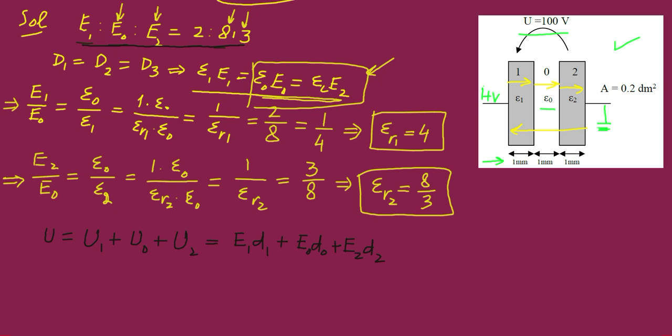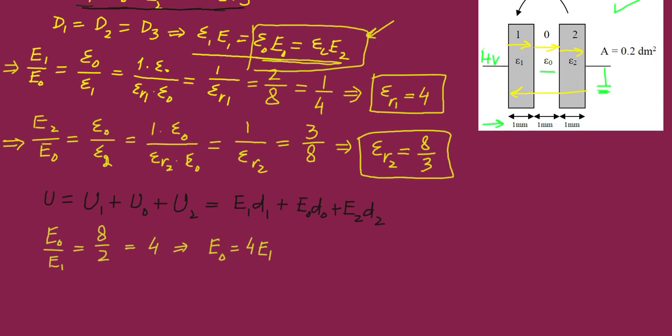So we can write the relationship between E1 and E0 as E0 over E1 is equal to 8 ratio 2, which is equal to 4. This gives us E0 equal to 4 times E1.